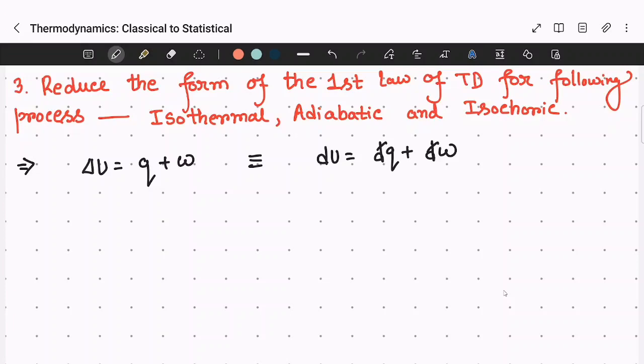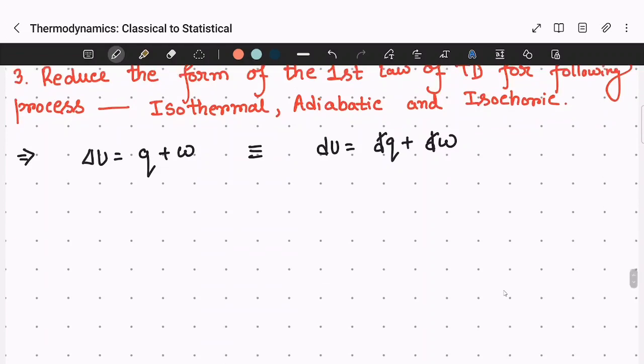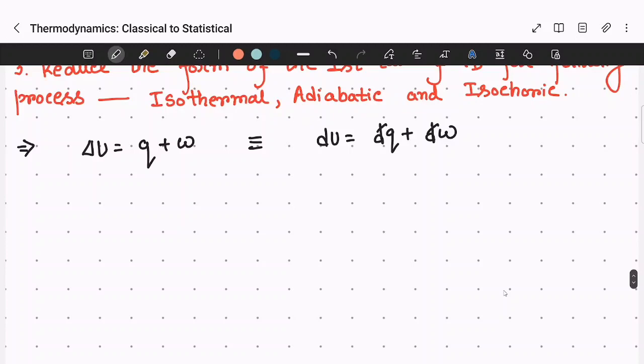Okay, so now the question asks us to reduce the first law of thermodynamics for various processes. First, isothermal.